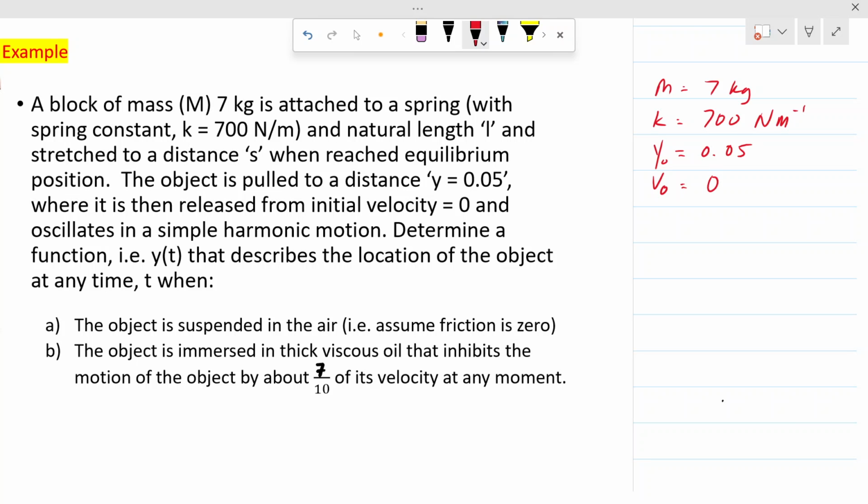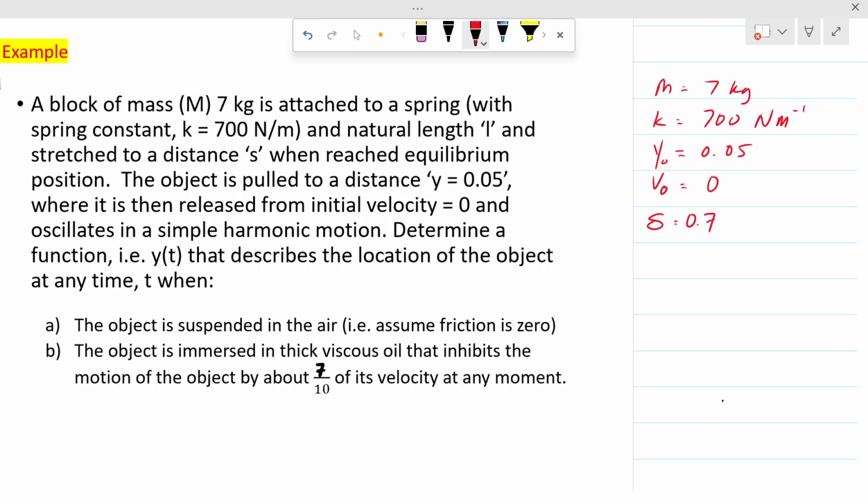This is y naught, and that's pretty much it, except there is another constant here, the restriction of inhibition, which we can call delta, in this case 7/10, 0.7 of its velocity.